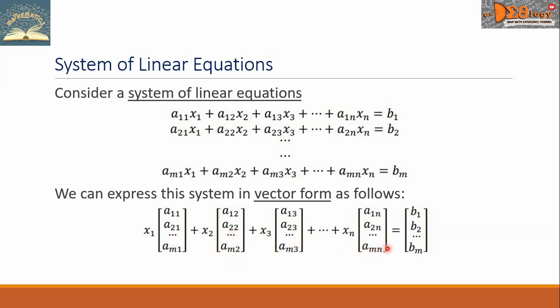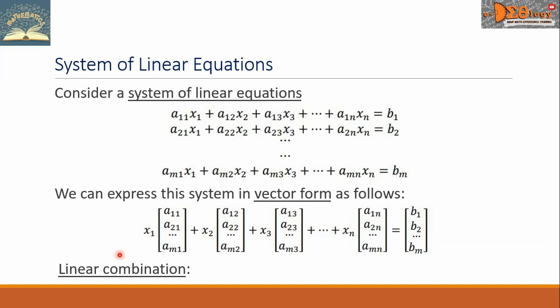This pattern follows up to this x sub n times the column matrix a sub 1n, a sub 2n, up to a sub mn. This is equal to this column matrix for the constants. We have b sub 1, b sub 2, up to b sub m.